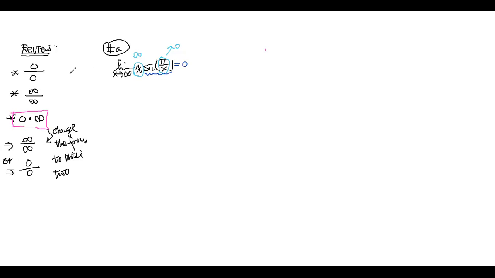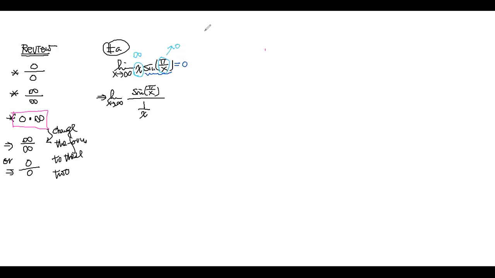The way we do this type of problem is to try to switch it. So how do I switch it here? The limit as x approaches infinity: I put the sine of pi over x on top, and then I flip the x, so it will be 1 over x in the denominator.